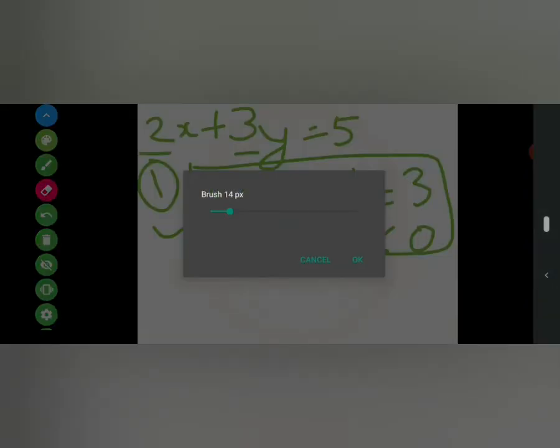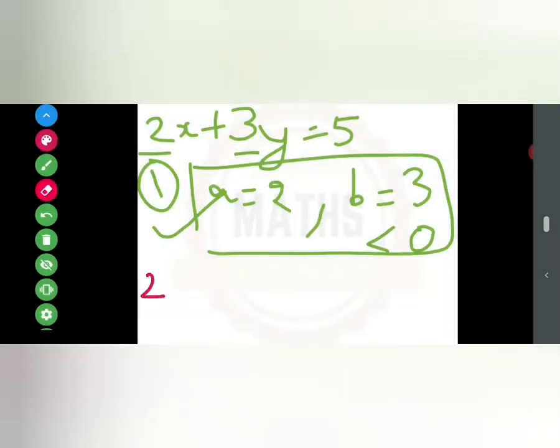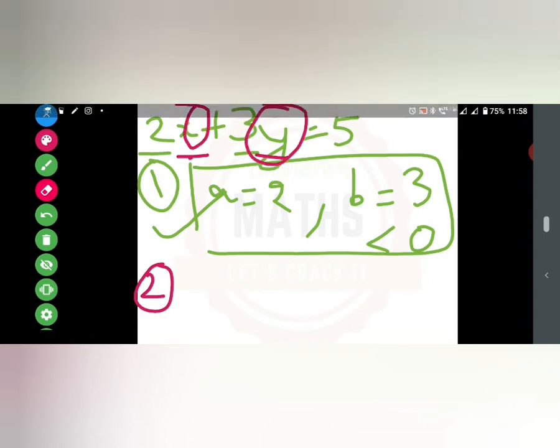Moving towards second criteria is to see whether the index of the variable x and y should be 1. Here I see that nothing is written above this x and y.